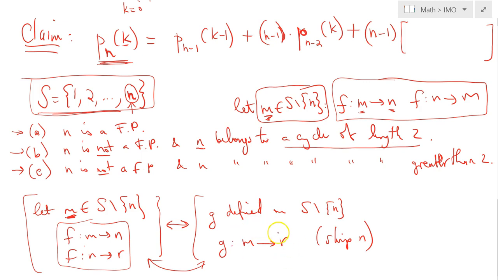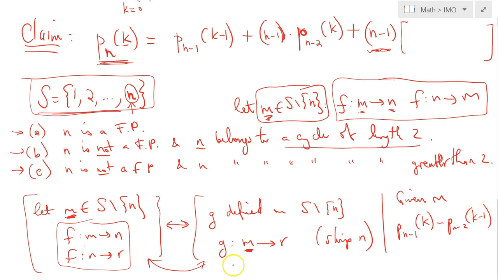So here G would have to have k fixed points, right? But obviously m is not such a fixed point. Therefore, for a given m, and there are n minus 1 ways of choosing that, I claim there are this many permutations G which satisfy this: P of n minus 1 of k minus P of n minus 2 of k minus 1.